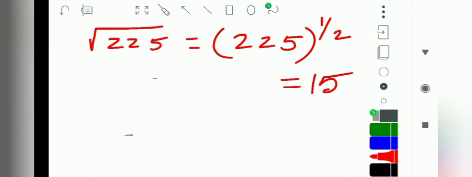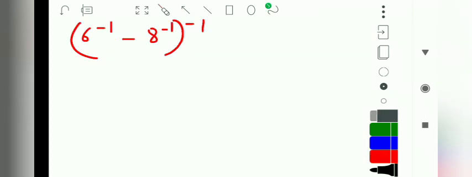Now coming to some basic maths problems. 6 inverse minus 8 inverse whole to the power minus 1. 6 inverse means 1 by 6 and 8 inverse means 1 by 8.